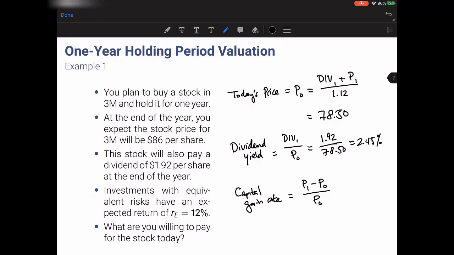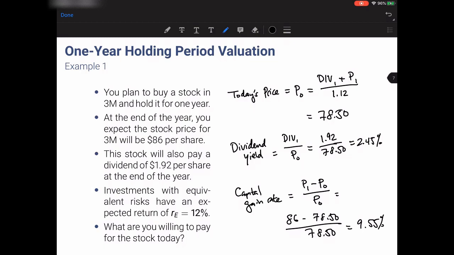Just the change between the price 1 year from today and the price of today, divided by the price of today. And that's going to give us 86 minus 78.50 divided by 78.50.